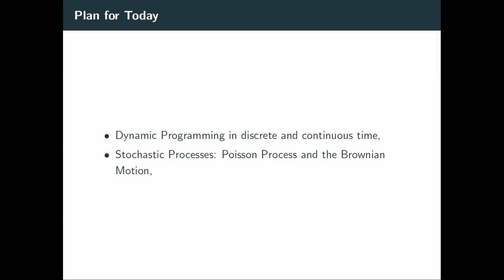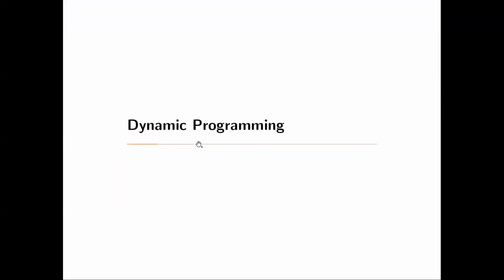For instance, Brownian motions or their analogs in discrete time, like random walks, are used in financial markets to model price movements. And Poisson processes are also important, let us say it this way.